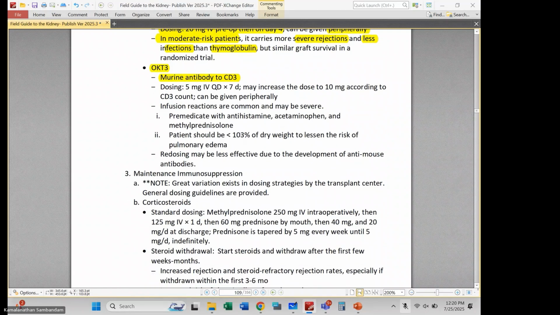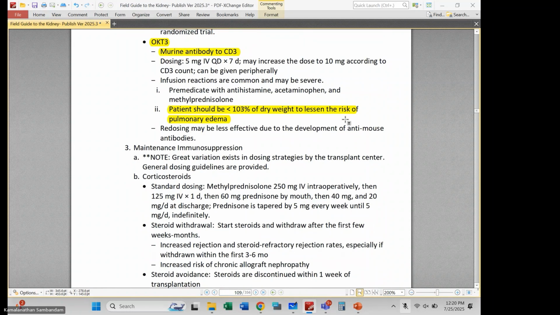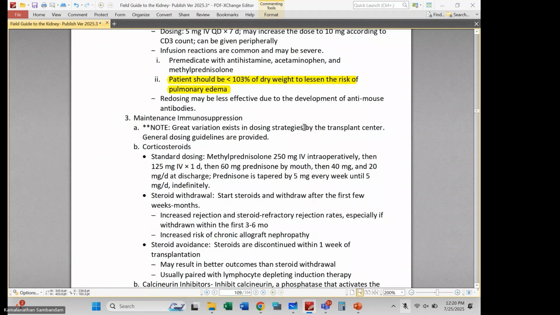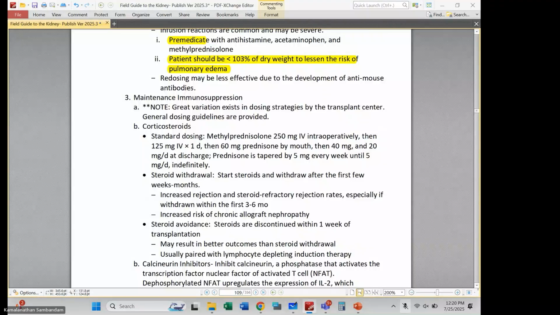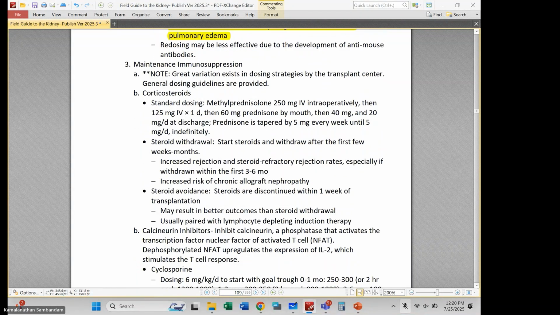There were higher rates of infusion reactions, including capillary leak, causing pulmonary edema, and so you have to make sure that your patient was not very volume expanded. You'd also give pre-medication prior to the infusion. That would be carefully done because of those risks of infusion reactions.